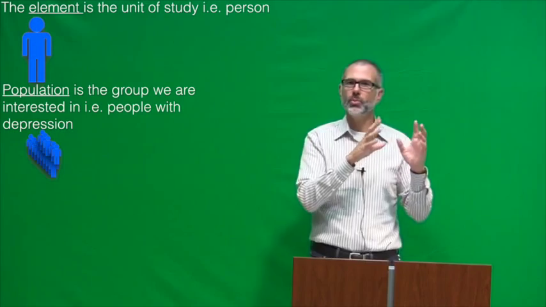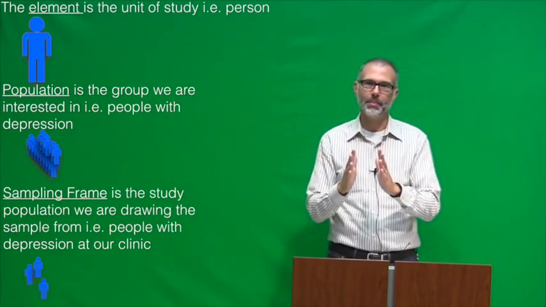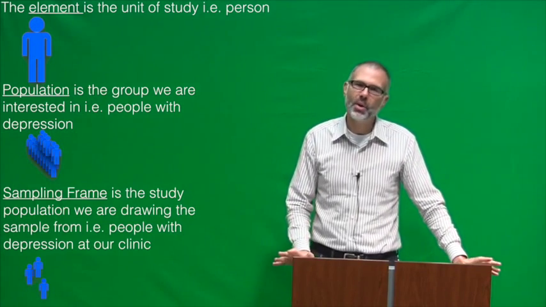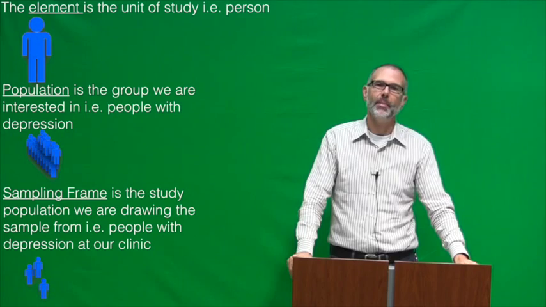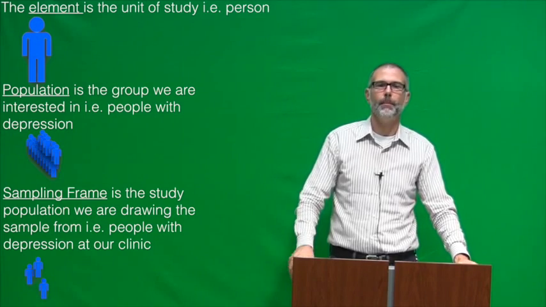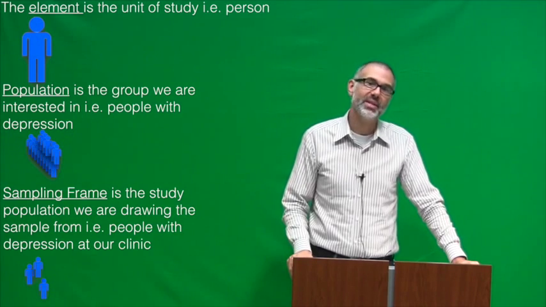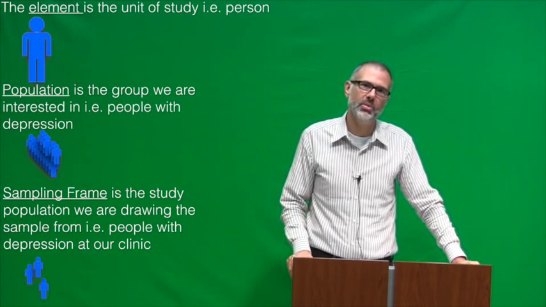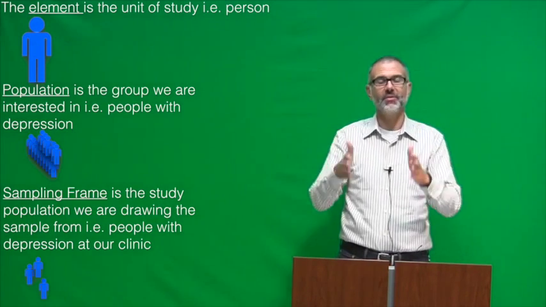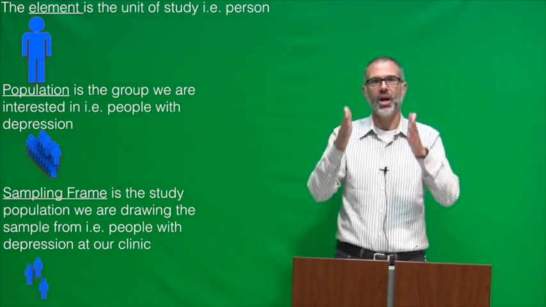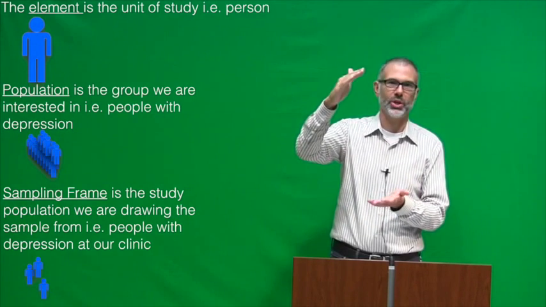Now, in order to move from that population to my sample, I develop a sampling frame. So I might say, I want to sample only within X number of clinics. So if I'm interested in sampling from community mental health clinics in Maryland, and I want to make a statement about clients associated with community health clinics in Maryland, I might say, I'm going to take the list of clinics from the Maryland Clinic Association.